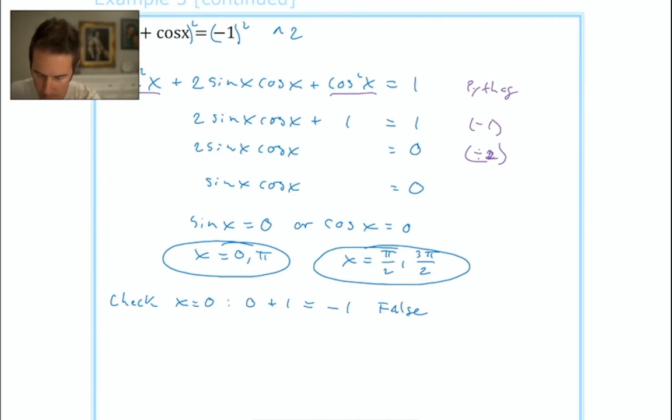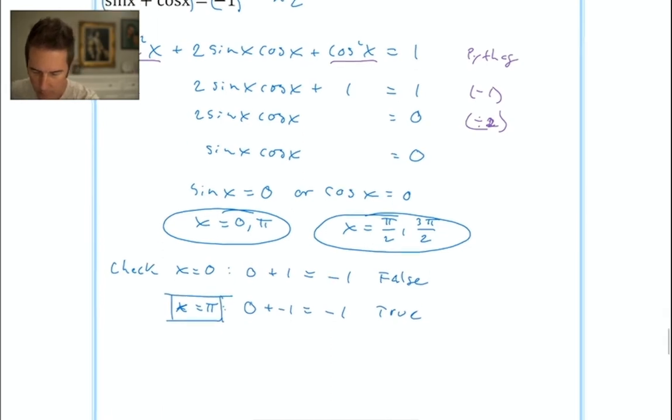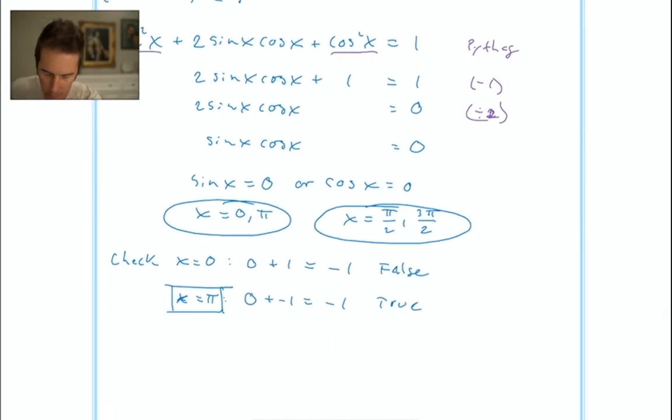Let's also check an x value of pi. The sine of pi is equal to 0. The cosine of pi is equal to negative 1. That one's true. Let's check x equals pi over 2.